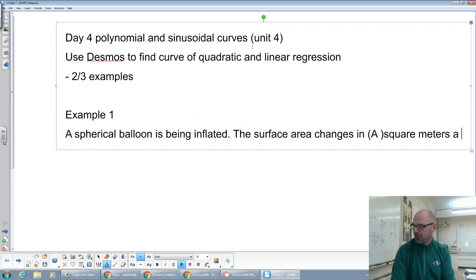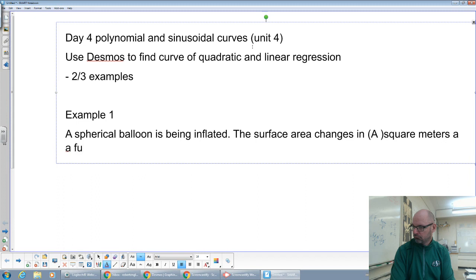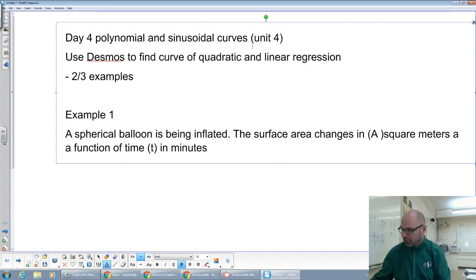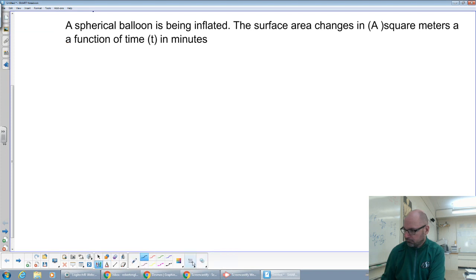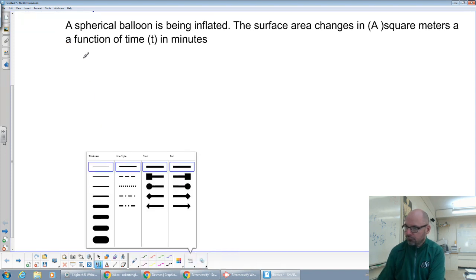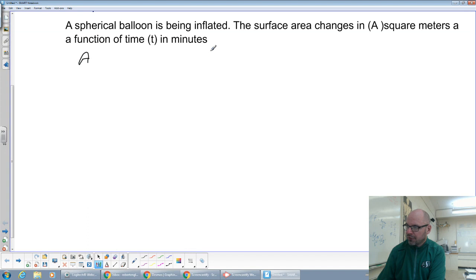As a function of time in minutes. Okay, so we got this table here. I'm going to do it in marker. The surface area and the time.